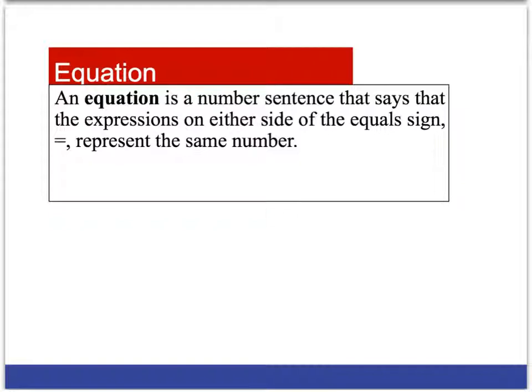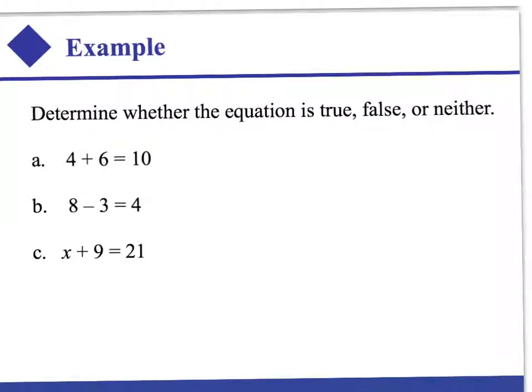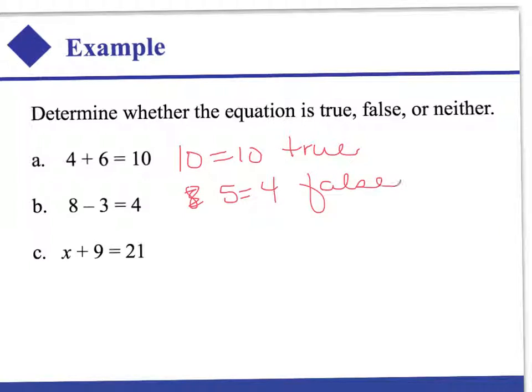So we're going to try to balance everything, make sure it works. Let's determine whether the equation is true or false or neither on this one. 4 plus 6 is 10, so 10 equals 10, so this is true. 8 minus 3 equals 5. 4 does not equal 5, so this is a false statement.